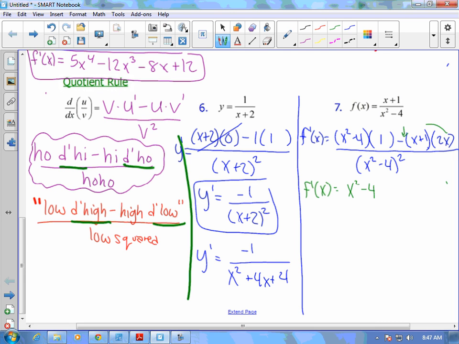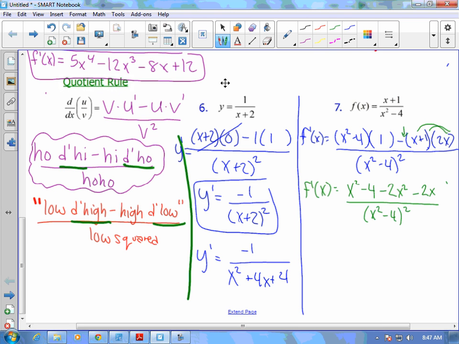So when you distribute, this isn't positive 2x squared, it's negative 2x squared minus 2x, because both of those will be subtracted, all over ho ho, x squared minus 4 squared.